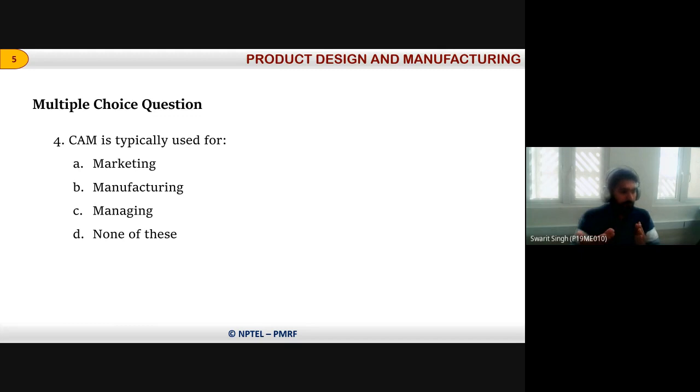If it is additive, then it is generating the path for the addition of material. So this is typically called computer aided manufacturing. Computer aided manufacturing is typically used for which thing? Marketing, manufacturing, managing, or none of these. I think the answer is very clear from the discussion. It is manufacturing.